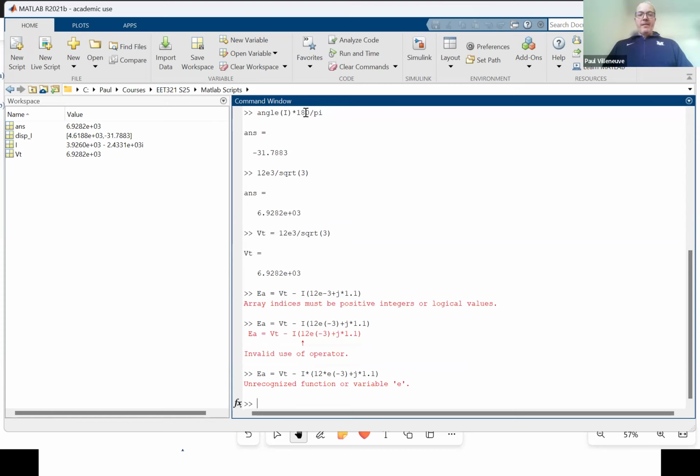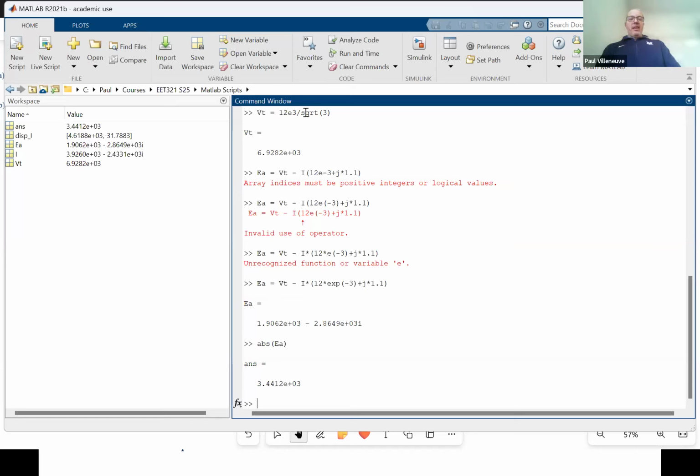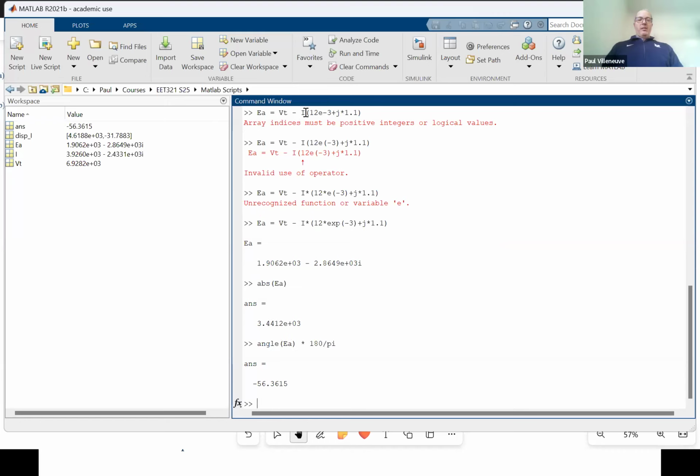Yes, it does make it easier. So that's my EA. Again, not really helpful, so I'm going to look at the absolute value of EA. It's 3,441 volts. And the angle is minus 56.3.